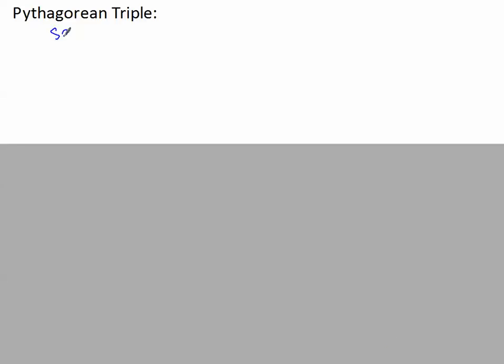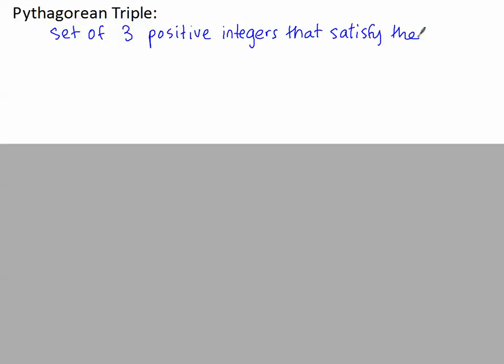A Pythagorean triple is a set of three positive integers that satisfy the Pythagorean theorem. Satisfy means makes it work. Meaning when we plug in the numbers to the Pythagorean theorem, we actually do get that it's equal. C squared does equal A squared plus B squared.